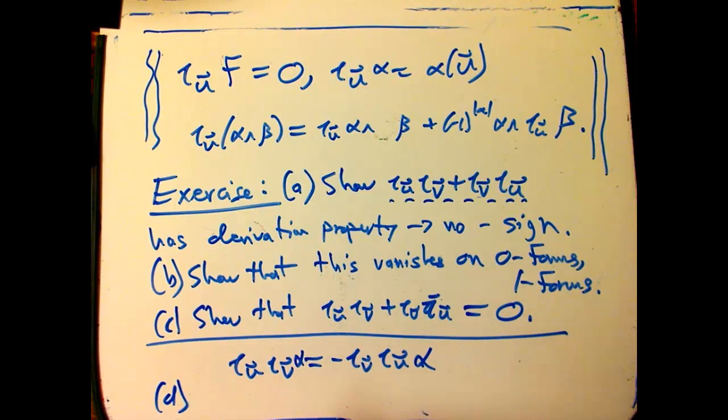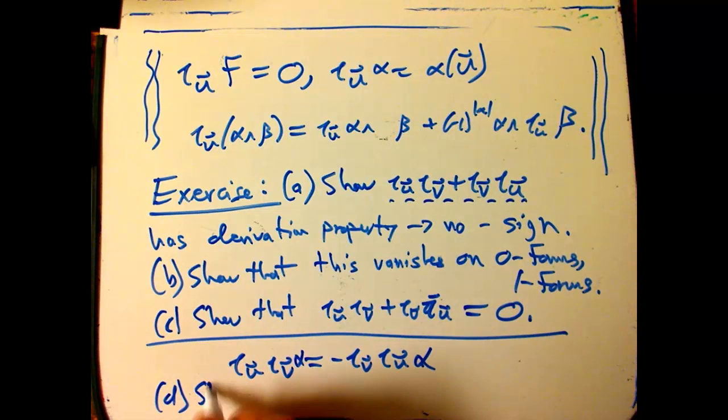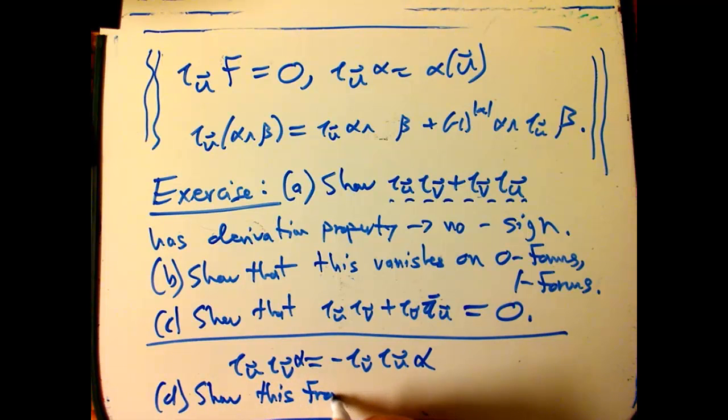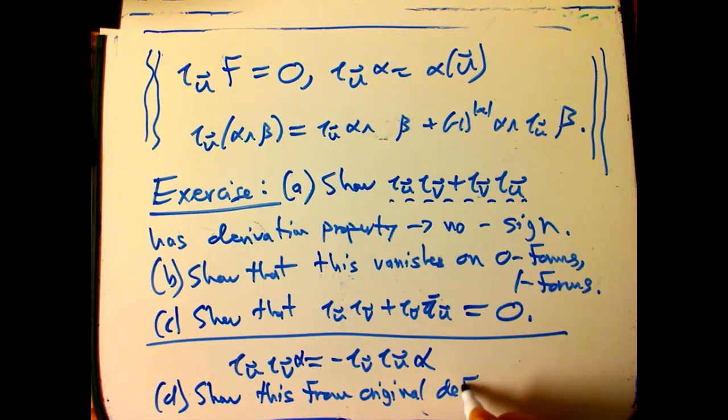Part D is a nice illustration of the power of this kind of definition, but it's actually easiest: you can show it from the original definition. To check it, it's really just another way to say that when you feed vectors into forms, it's antisymmetric.